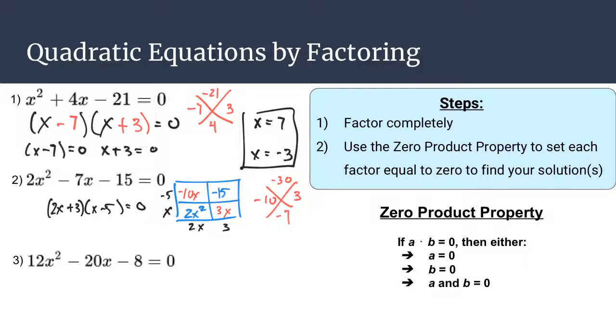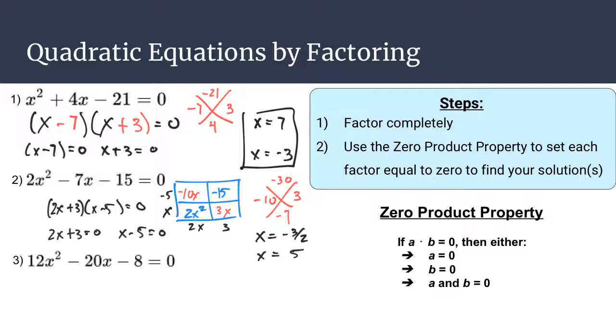You set each of those equal to 0, so 2x plus 3 equals 0 and x minus 5 equals 0 would be our two equations. As you solve this equation here on the left, you subtract 3 and divide by 2. So that's how you get a negative 3 halves, or a negative 1.5, and you get x equals 5 for setting this one equal to 0.